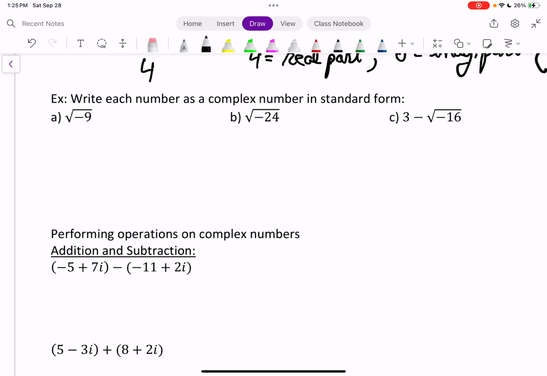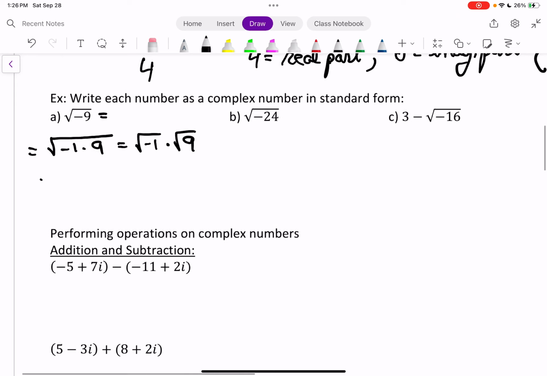Here it is, the square root of -9. I'm going to rewrite this as -1 times 9, because that's what -9 equals. If you take this apart, that's the same as the square root of -1 times the square root of 9.